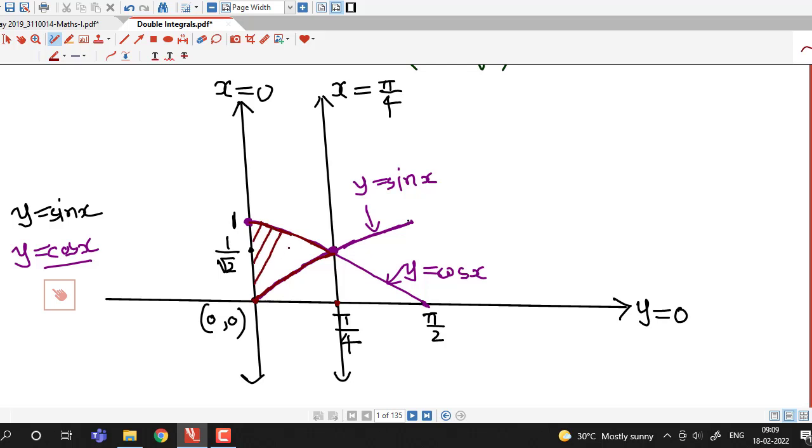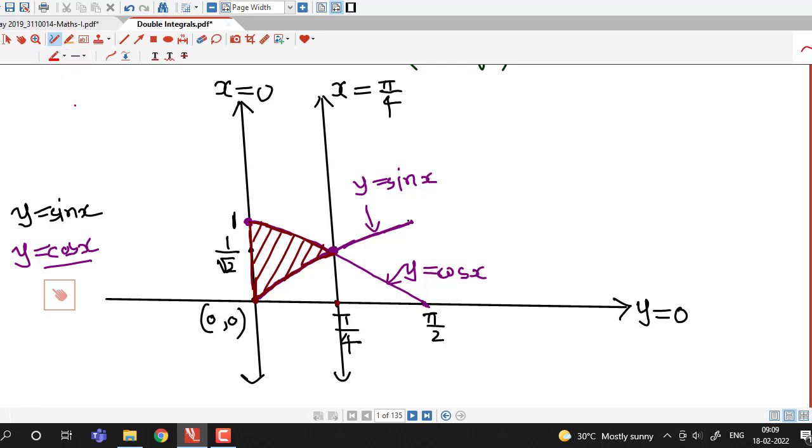So this is the region of integration. We are interested in the area of this region, which is bounded by y equal to cos x, y equal to sin x, and the lines x equal to 0 and x equal to pi by 4.